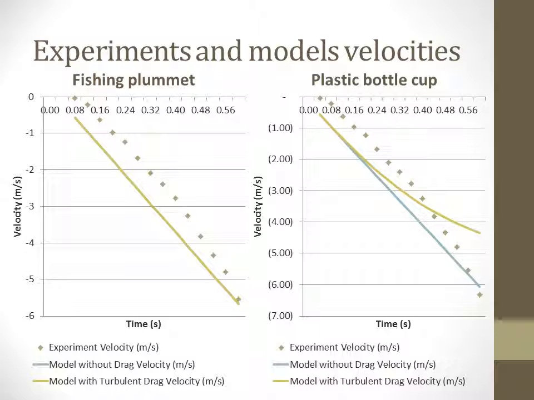And with the bottle cap, you can see that the velocity is less than the model, but at the final point, the velocity in the experiment is higher than the velocity of the model without drag, even higher in magnitude than the velocity of the model with drag.